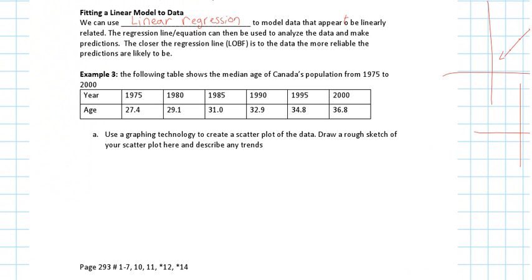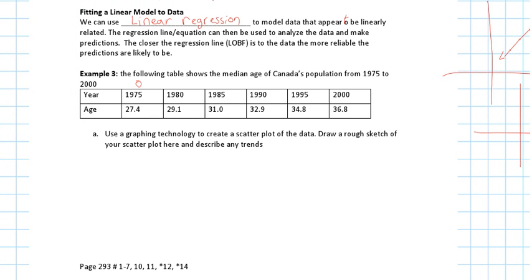Now this one does not say it, so if you want, we can keep it the same and use 1975, 1980, 1985, 1990. At the end, the equation is going to be different, but when you do your prediction, it's going to be the same. So for now, unless the question says let 1975 be your year 0, then you're going to have to change your numbers to 0, 5, 10, 15, 20.